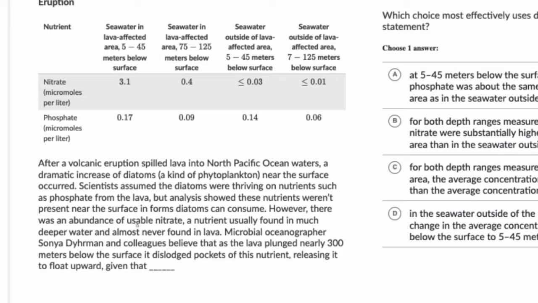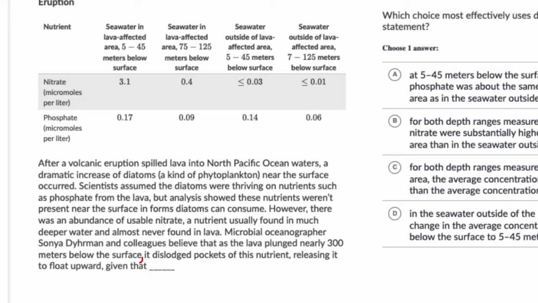However, there was an abundance of usable nitrate, a nutrient usually found in much deeper water and almost never found in lava. This researcher believes that as the lava plunged nearly 300 meters below the surface, it dislodged pockets of this nutrient, releasing it to float upward.